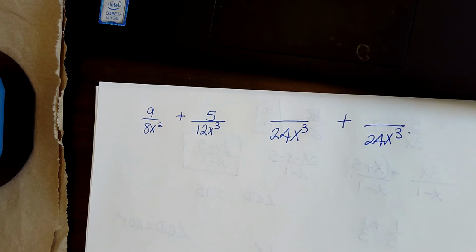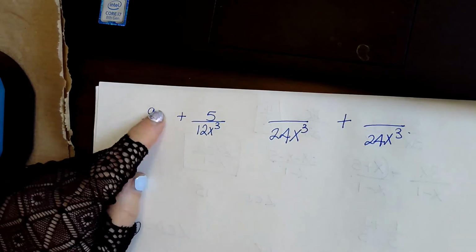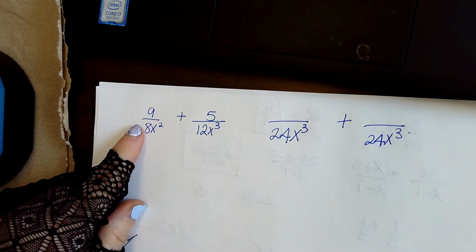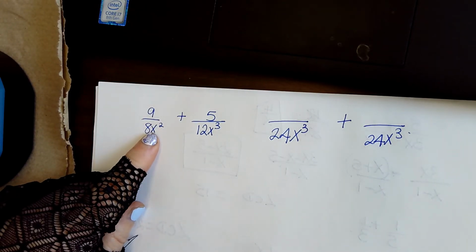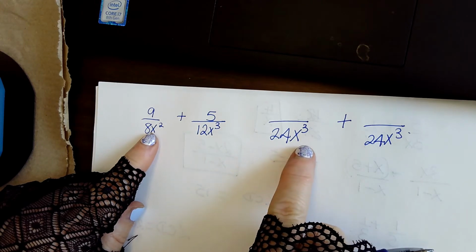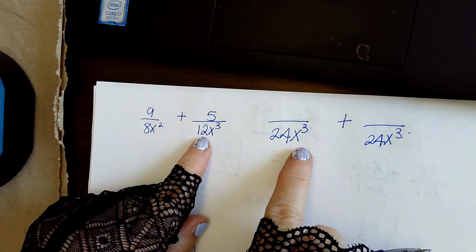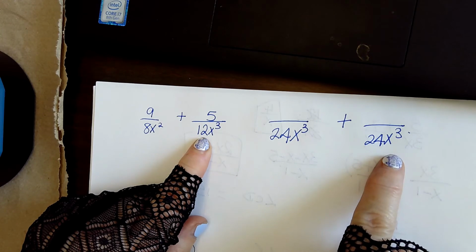It's the same process as when you're adding 1/5 plus 1/3, except you've got a little bit more. So I have to change this fraction from 9 over 8x squared to make it over 24x cubed. And then I've got to change this one to make it 24x cubed so that I can add them together.